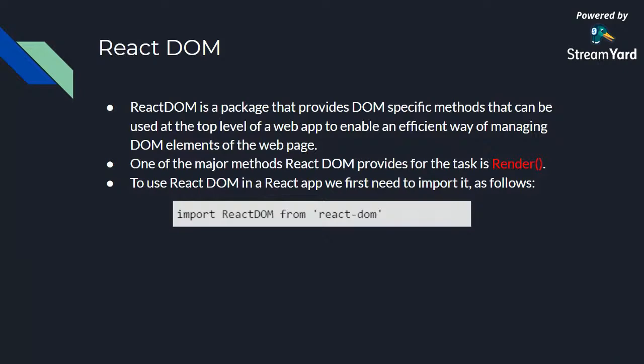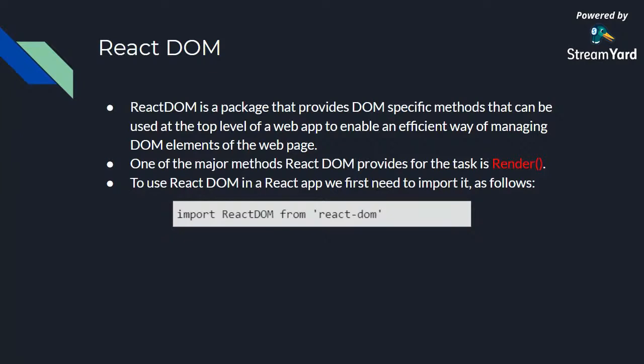To use this virtual DOM technique in React, we have to import a package called React DOM. React DOM is a package that provides DOM-specific methods that can be used at the top level of a web app to enable DOM management, right?